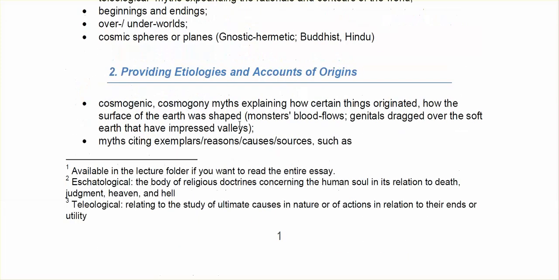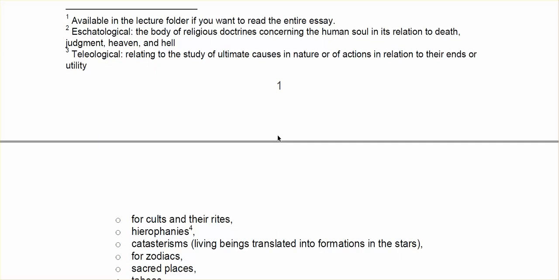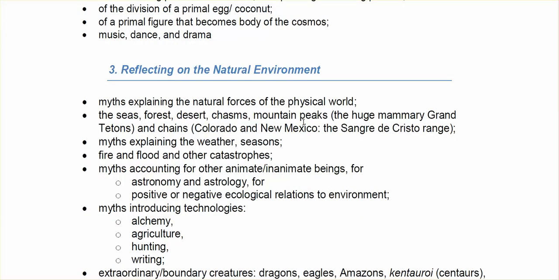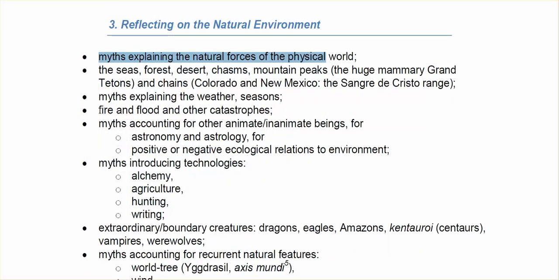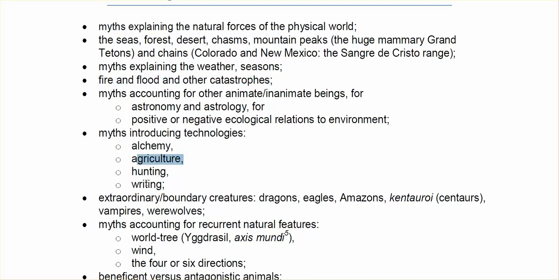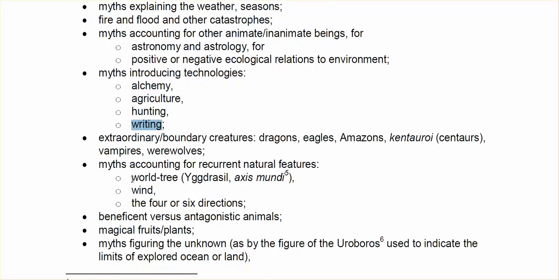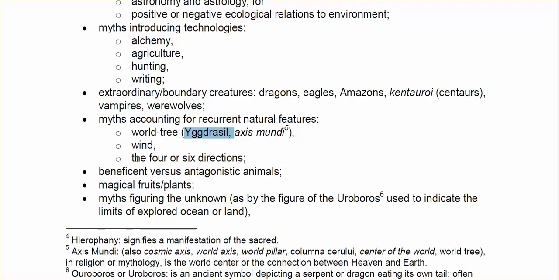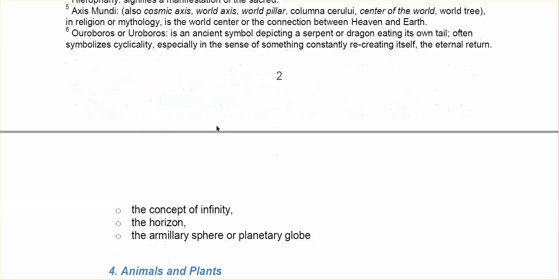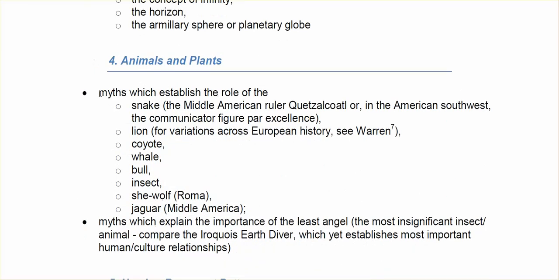All those topics could show up under his category called providing etiologies and accounts of origins. In myths that reflect on the natural environment, there could be myths that explain the natural forces of the physical world, that talk about fire and flood and catastrophes, myths that talk about agriculture or writing, myths that talk about the world tree, like Yggdrasil in Norse mythology, or that talk about the wind. So these are all just topics that show up under these categories.